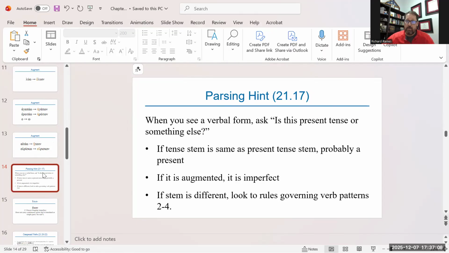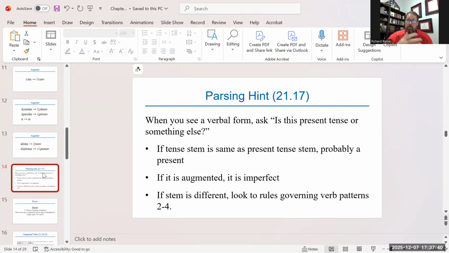If the stem is different, and this is going to give you a little PTSD from the last chapter, but if the stem is different, then you look to those rules that govern the verb patterns 2, 3, and 4, which we learned in chapter 20. So ask yourself first, is the word that I'm trying to translate or parse a present tense? If it looks like it's present, go ahead and translate it to present.